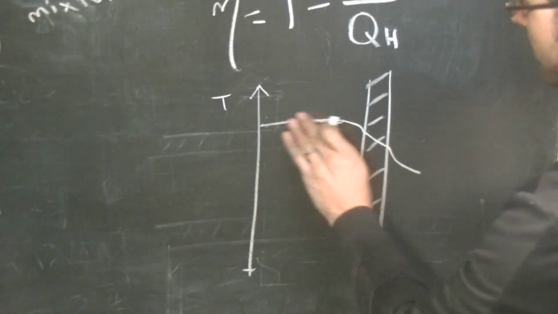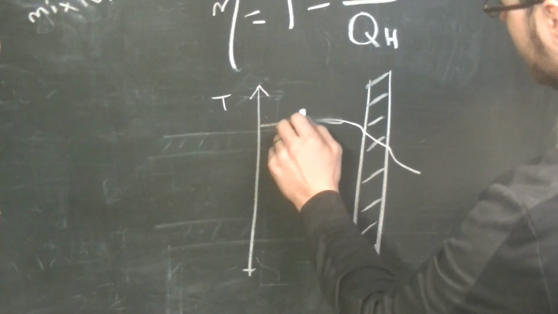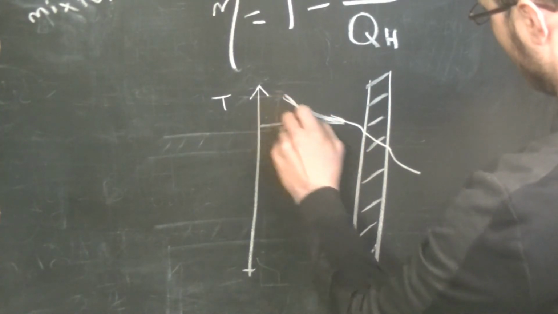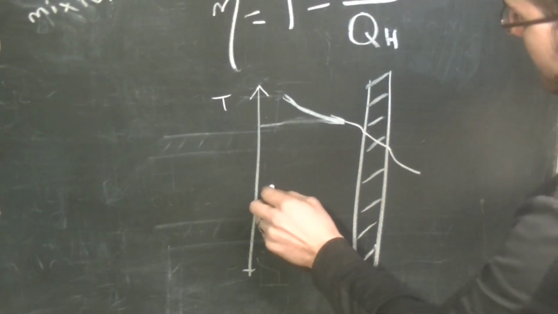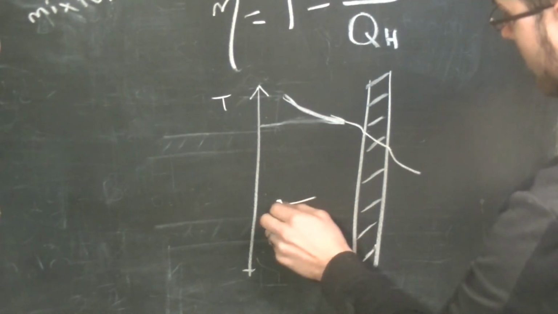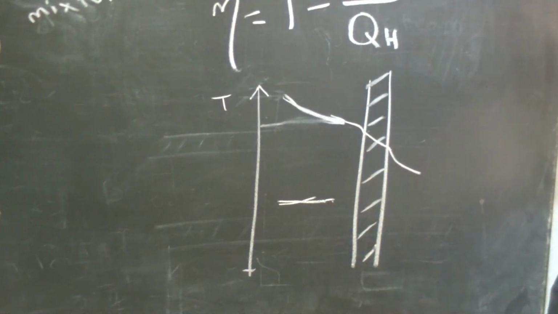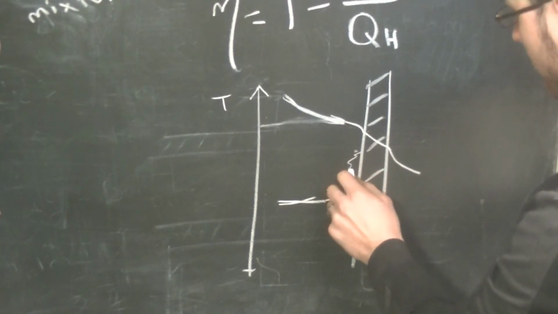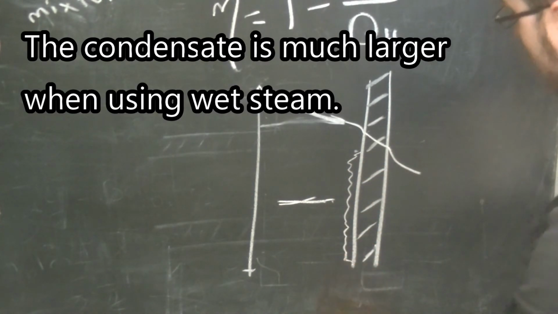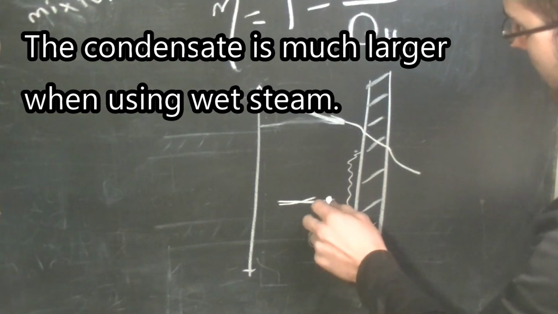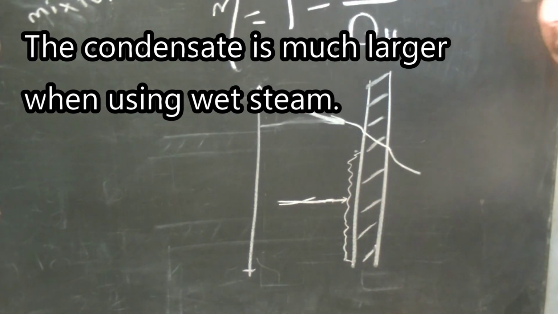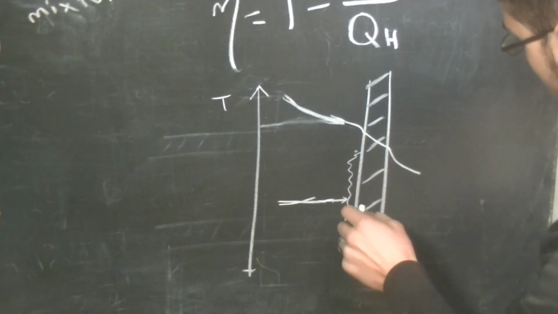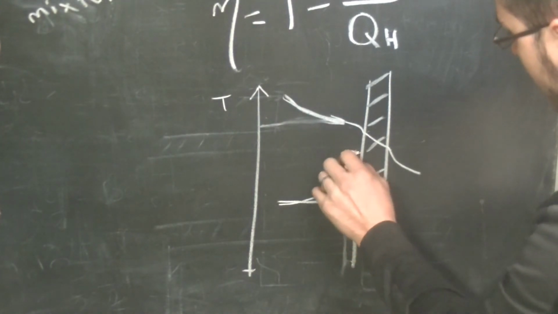Now if you have saturated steam, here this is superheated, so I'll make it look like that. Now if you have saturated steam, first of all, the wall is always going to be colder than the steam, right? So there's going to be a layer of condensate, essentially liquid water. And liquid water has a very high heat transfer coefficient. So let's make this a little bit thicker so you can see.